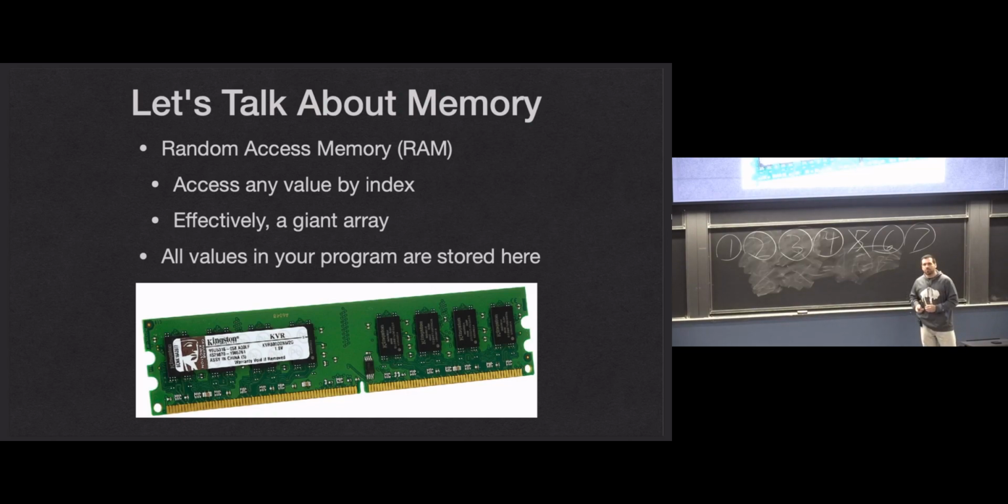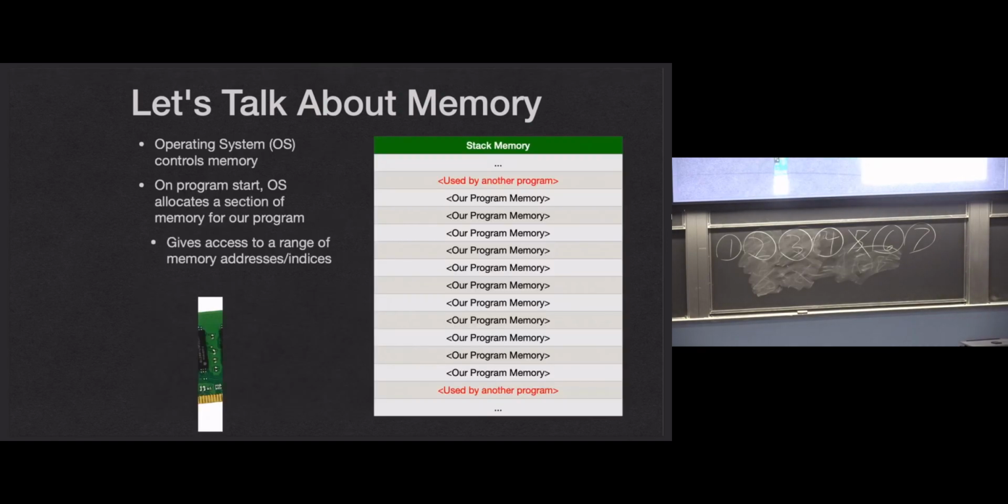But as our program is running, unless it's doing file I/O, everything is going to be stored in memory. So when our program starts, we go to our operating system. We're in Java, so our program is going to talk to the JVM, but I'm blanking on the word.